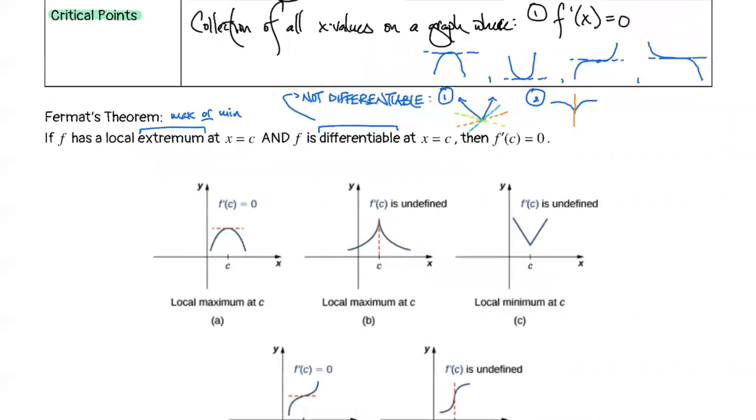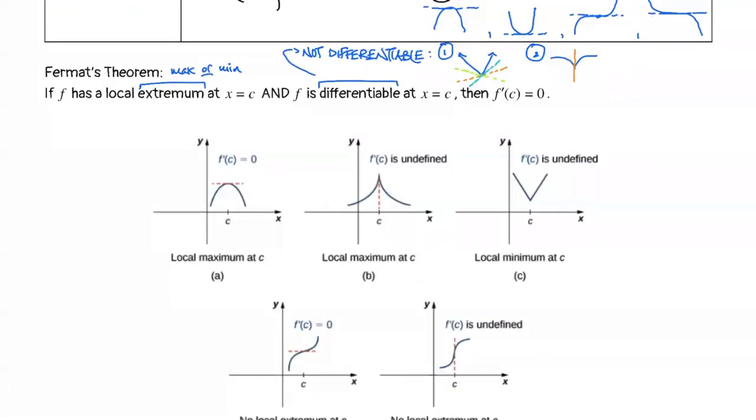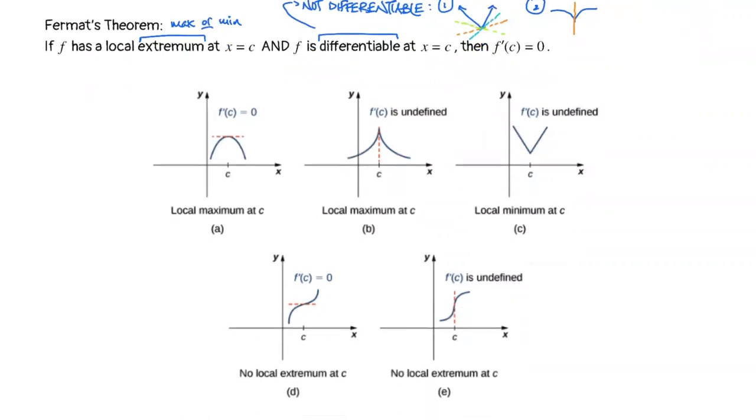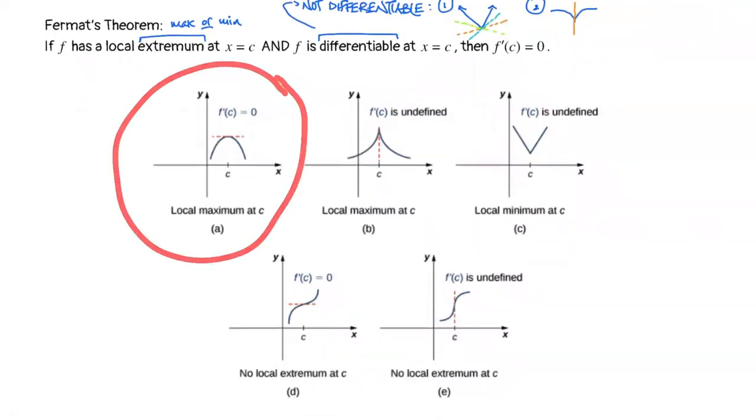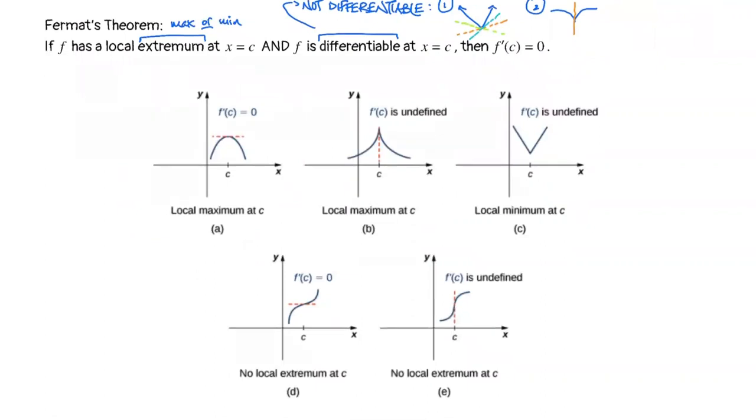So anyway, all of this matters because Fermat is saying that if you have a local extremum, meaning a maximum or a minimum, and it is smooth, then we know that the derivative of that function at that point is equal to 0. Okay, so let's take a look at these pictures real quick. In this first picture, does it satisfy Fermat's theorem?